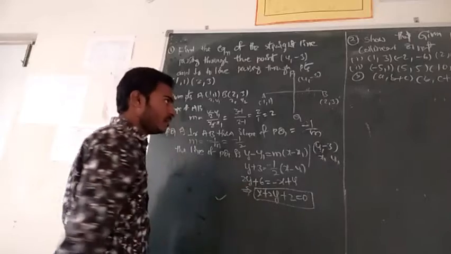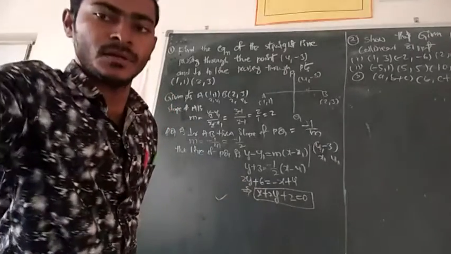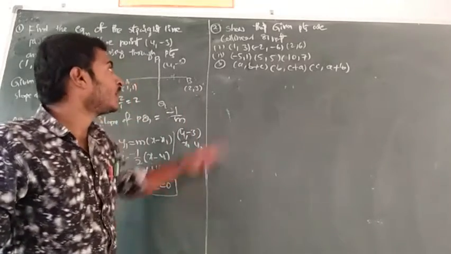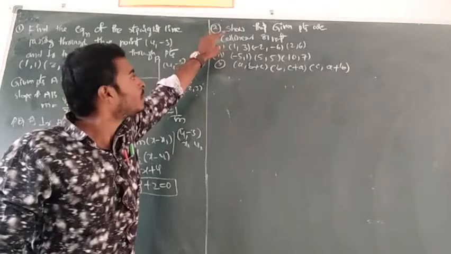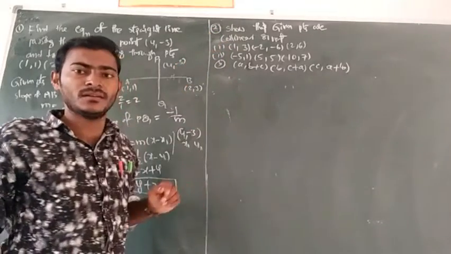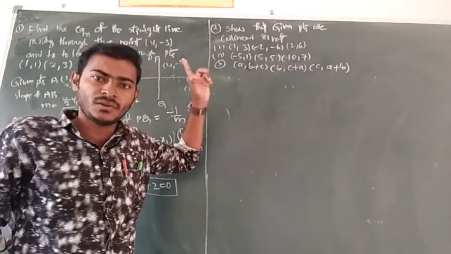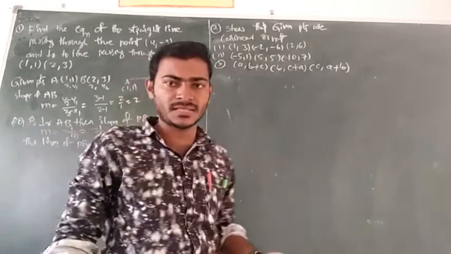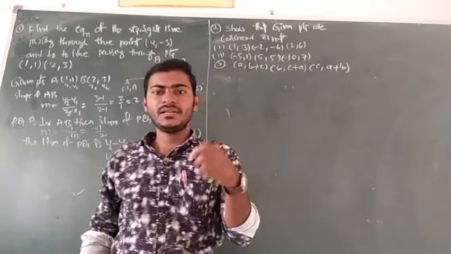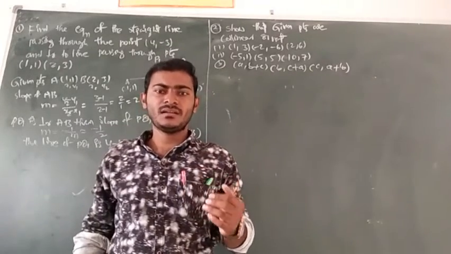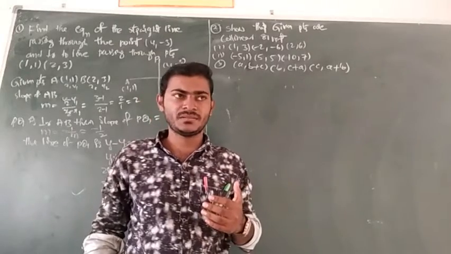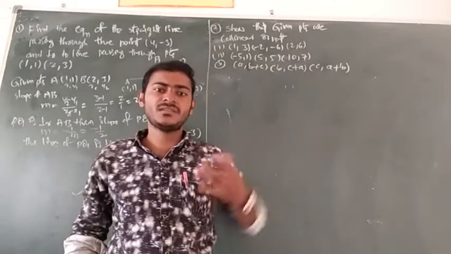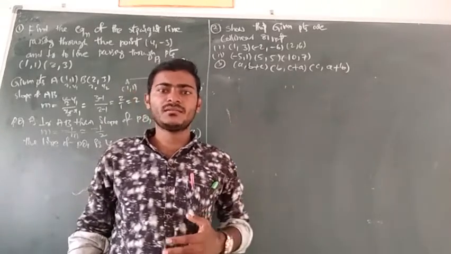Okay, important problem. Another problem we have: show that the given points are collinear or not. We discussed in previous classes when three points are collinear. The concept or definition of collinear is that the slope of AB is equal to the slope of AC; if they are equal, then the given points are collinear.